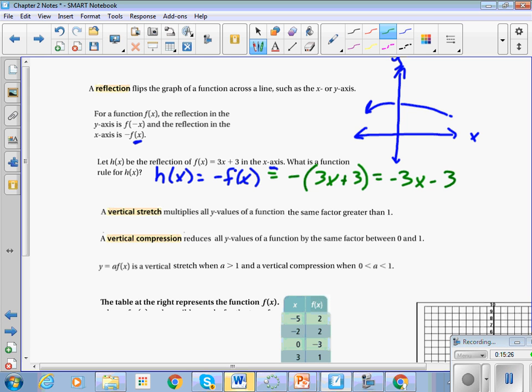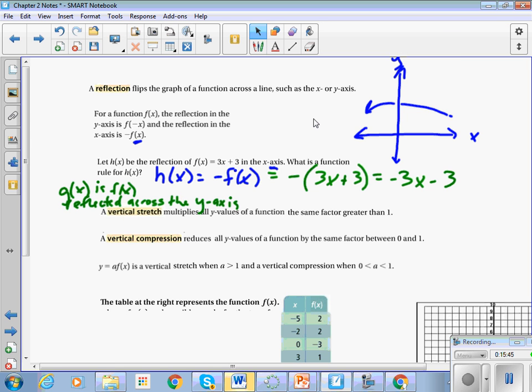I'm going to show you, let's say g of x is f of x reflected across the y-axis. So we're adding this component. We're going to find g of x, which is f of x reflected across the y-axis.